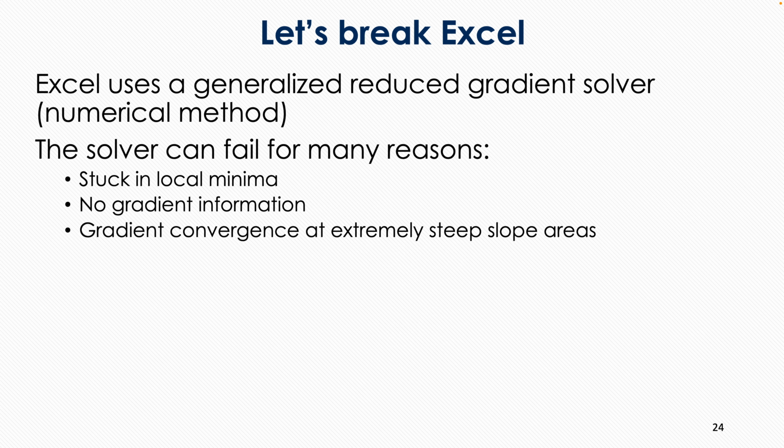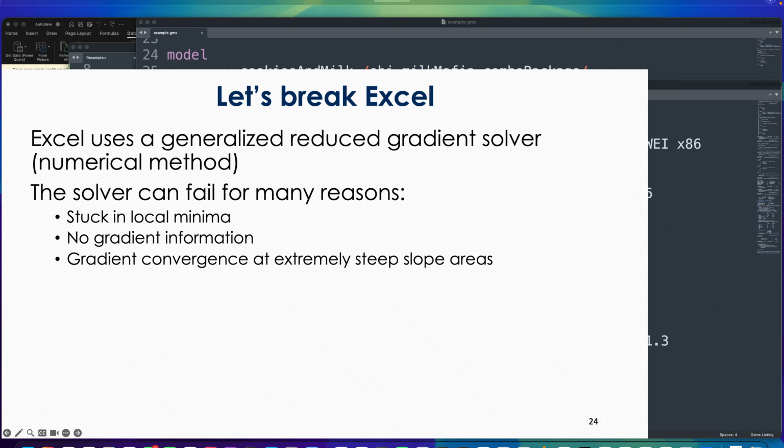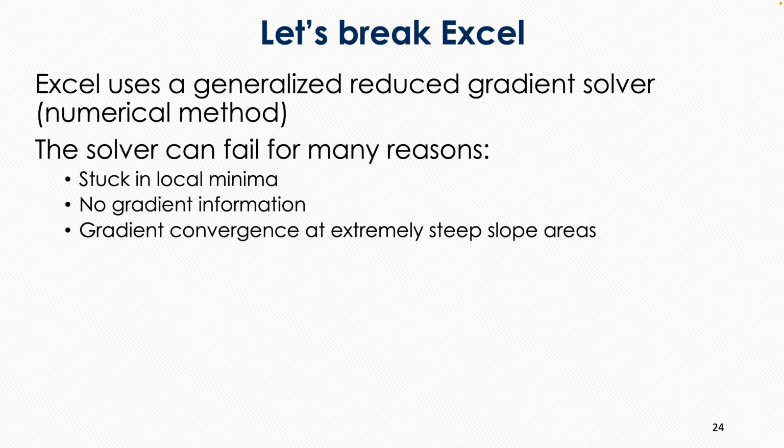So let's break Excel. The GRG solver is known as a generalized reduced gradient solver, and this is one of the numeric methods. It can be particularly susceptible to certain issues. So let me show you guys a problem.